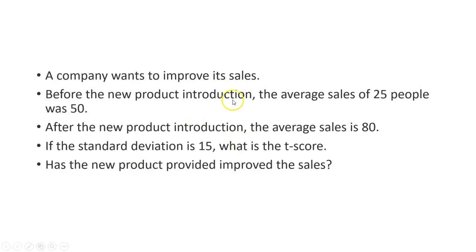So before the new product introduction, the average sales of 25 people was 50. After the new product introduction, the average sales is 80, right? And if the standard deviation is 15, what is the t-score, as in did the new product improve the sales or not? So that's what we are going to see now.